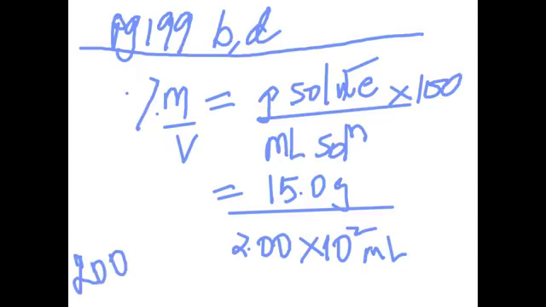What is different between 200 written like that and 2.00 written like that? Once you write it this way, there are 3 significant figures. And then don't forget what? Times 100.